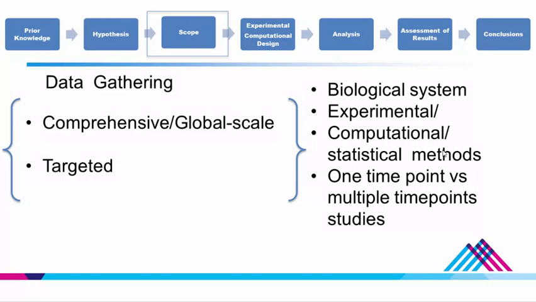Maybe quantitative PCR may be appropriate. And then we have to decide whether we're doing one time point or multiple time series. Are we looking at the evolution of these changes, or are we just doing a single comparison?